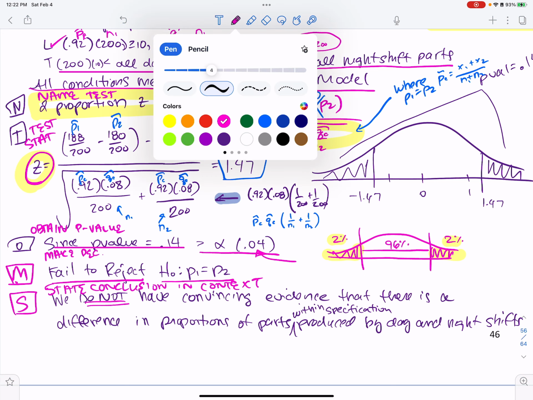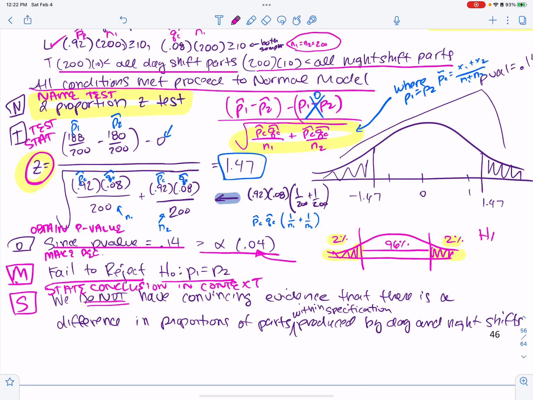So that's why we used 4%. If it was a one-sided, if my Ha was P is less than, then it would just be this side, and my alpha would then be 2% because that's the only area of rejection region. Meaning if my p-value was anywhere in this area, I would be in the rejection region.